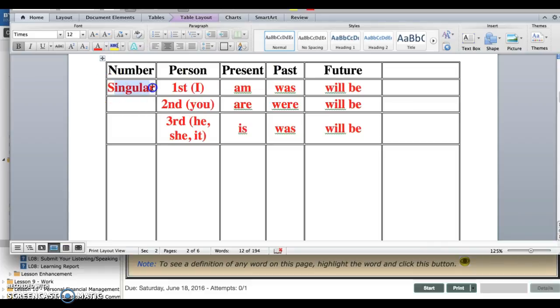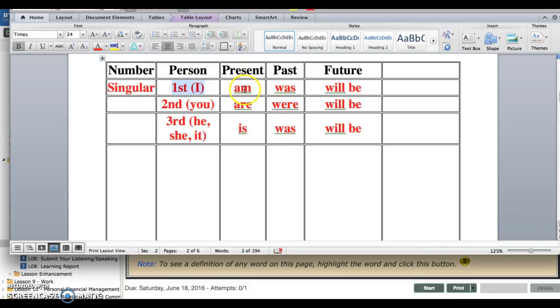When we say singular, it means we're just talking about one person. And there are times when either I'm talking or I'm talking about someone else. And that's why we have tense, the point of view, and they call it first person, second person, or third person. My sentence is in first person if I'm using the word I. And if I'm using the word I and talking about something happening right now in the present, then I would say I am.